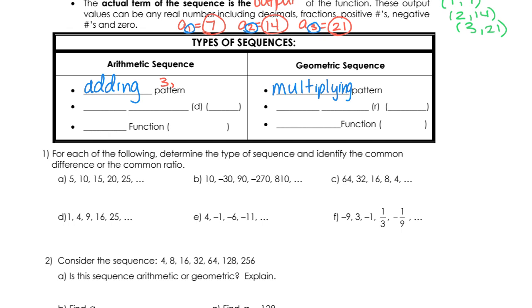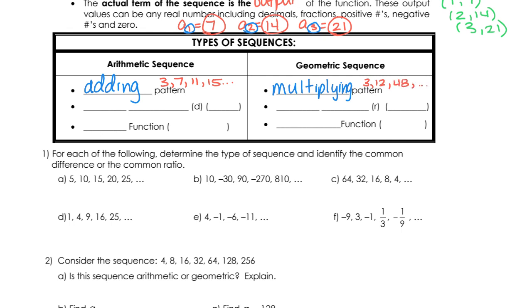If we add 4, we would get 7. If we add 4, we would get 11. If we add 4, we would get 15, and so on. So that would be arithmetic. Whereas if we started with 3 and we multiplied by 4, we would get 12. If we multiplied by 4, we would get 48. And so on and so on.